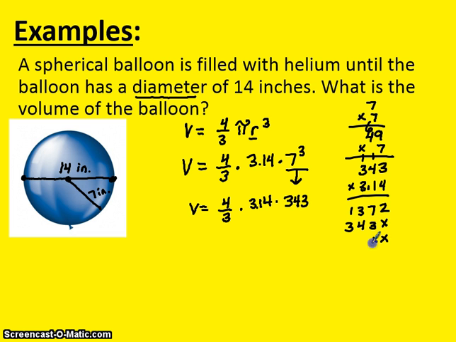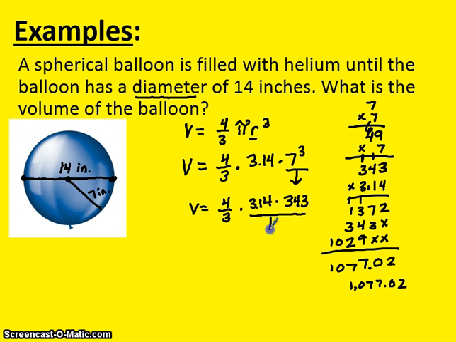Two placeholders, 3 times 3 is 9, 3 times 4 is 12, 3 times 3 is 9, and 1 more makes 10. So we have 2, 10, 17, 7, 10. And we have two decimal places, so we're at 1077.02.